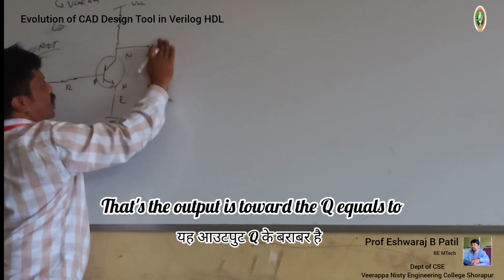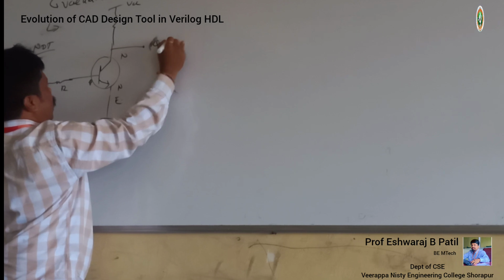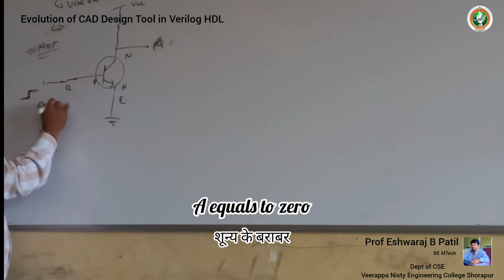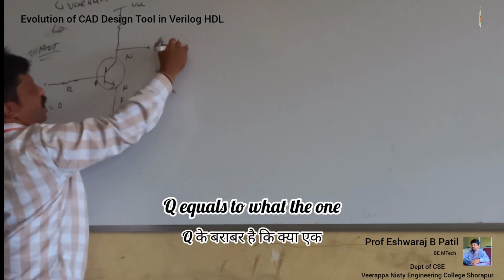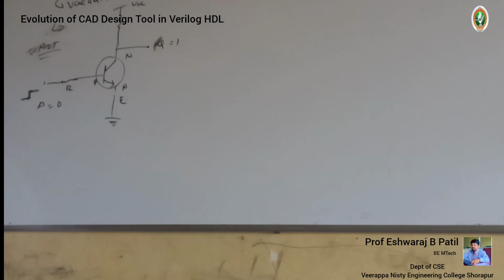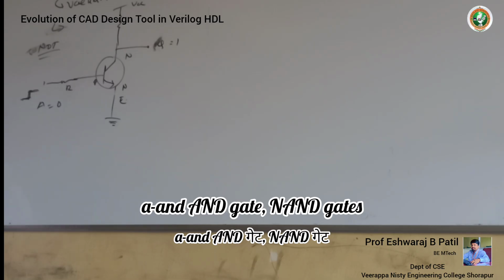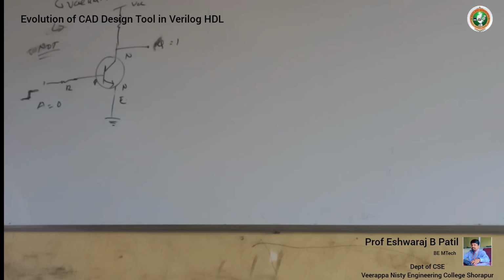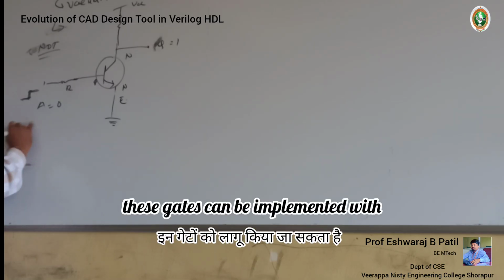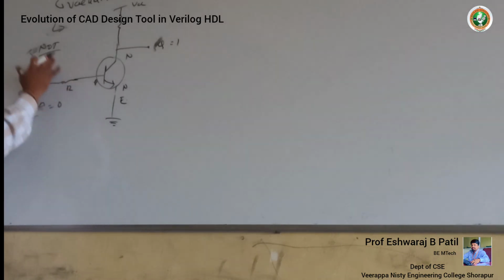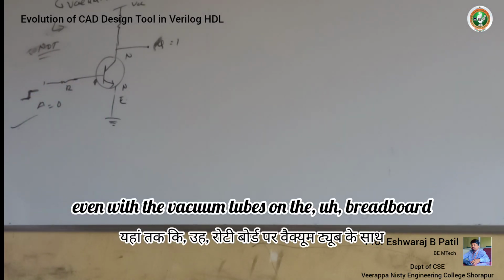The output is Q: when A equals 0, Q equals 1. It works as an inverter. Usually almost all gates, NOT, AND, NAND and many others, can be implemented with transistors, even with vacuum tubes, on a breadboard.